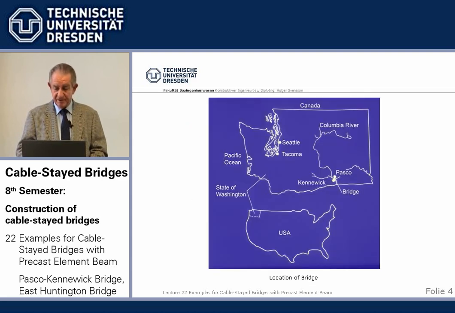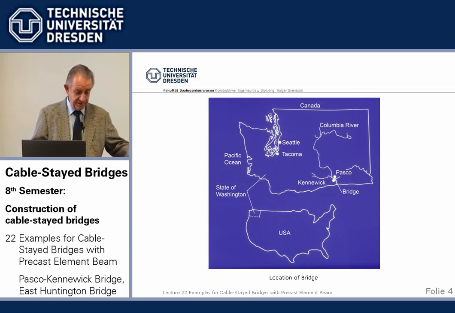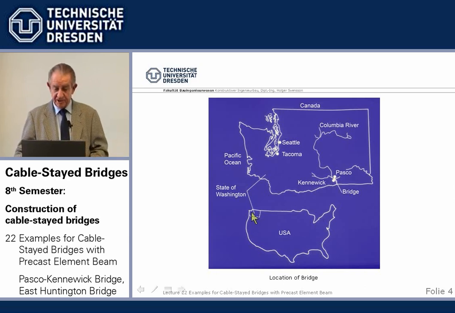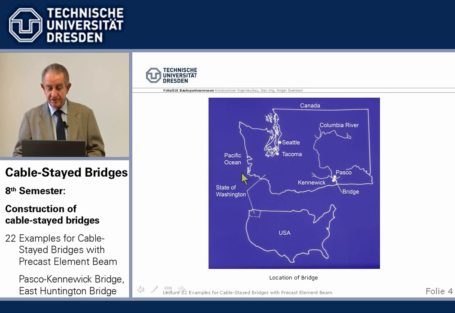The Pasco-Kennewick Bridge is located in the state of Washington, not Washington, D.C. I always say top left corner of the US map. Seattle is the city which is close, and there's the Columbia River, which runs into the Pacific, a major river.